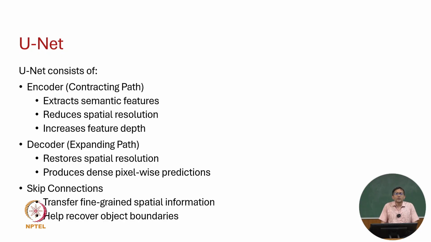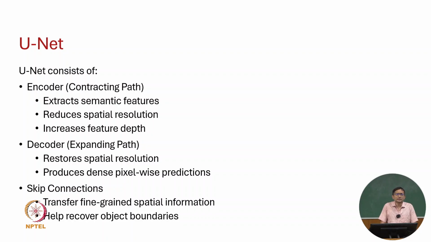So what does the UNet consist of? It consists of the encoder, the contracting path, which extracts semantic features, reduces the spatial resolution and increases the feature depth. This is not so much different from just a trivial FCN.